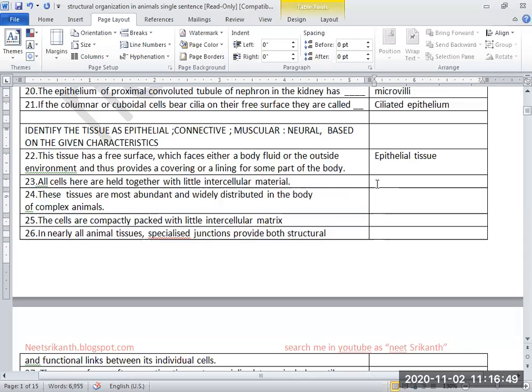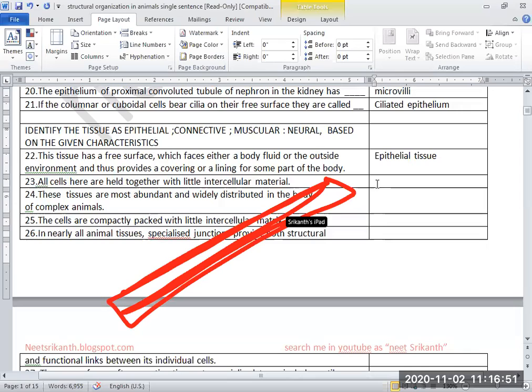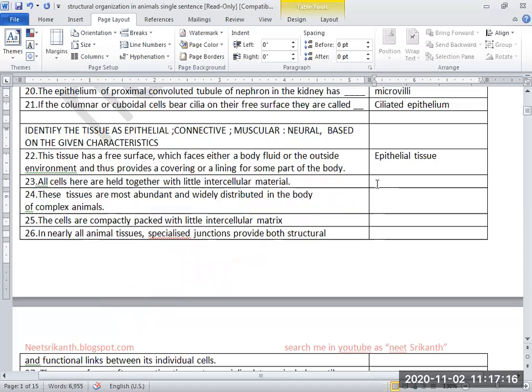We know that epithelial tissue lies on a basement membrane, and between one cell and the other cell the intercellular matrix is comparatively less. That means cells have very little space in between them. They are compactly packed. We can say that epithelial tissue cells have very, very little intercellular matrix. So what is our answer here? Epithelial tissue.